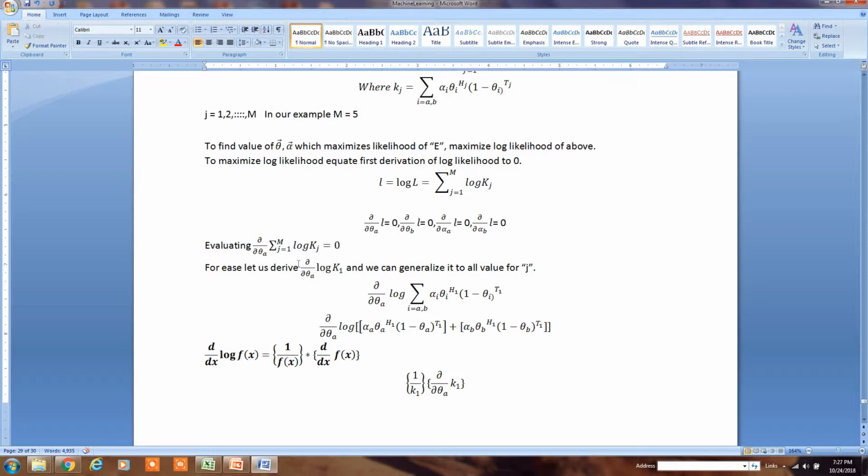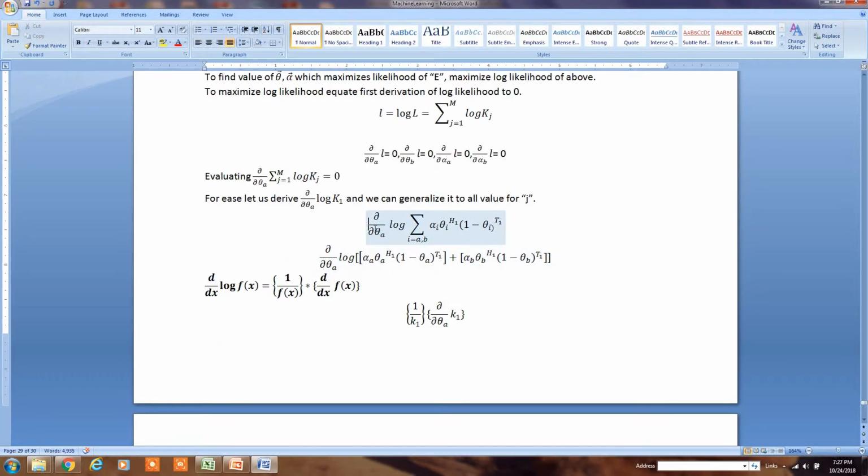So let's evaluate this one. For ease of calculation, let us first derive the derivative of log K1, and then we can generalize that for log K2, K3, K4 and Kj. We can generalize that once we get the partial derivative of log K1.